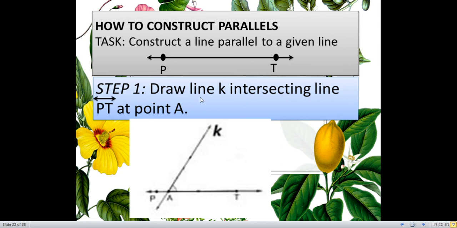Then we will draw line K, intersecting line PT at point A. Take note, I add another point here, a little bit nearer to point P. Then, I'll make a line that intersects that point A, and I name it as line K. So that is your step 1.